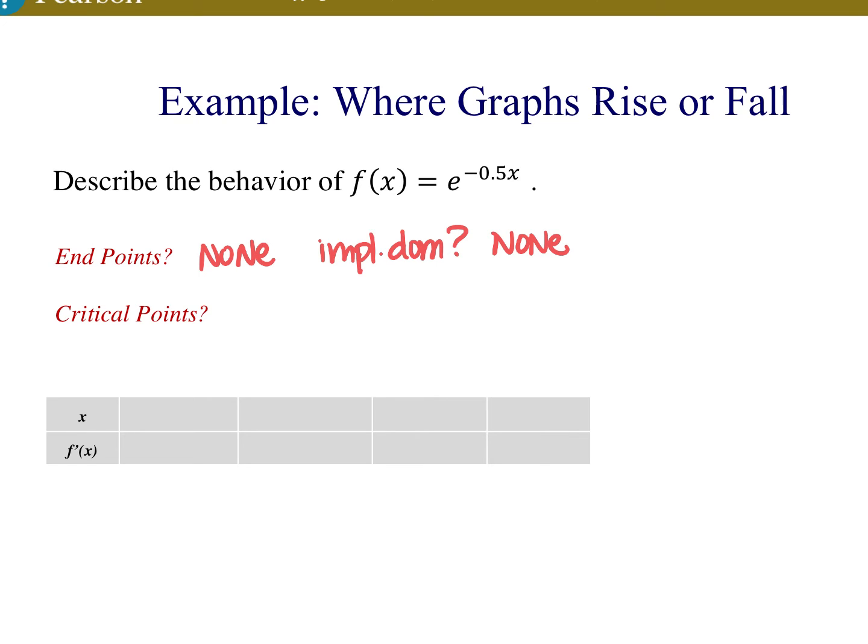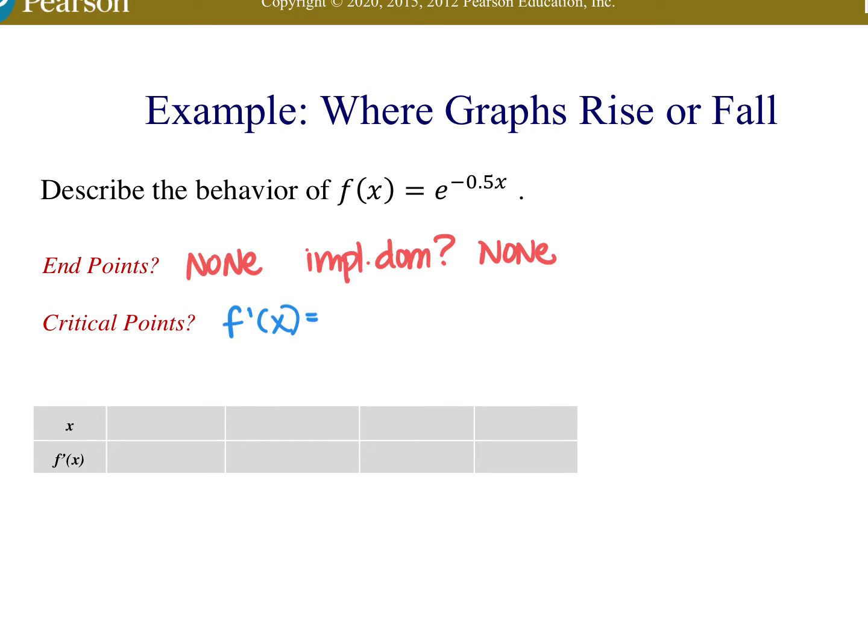So my critical points. I have, once again, done the derivative for us. Okay, the derivative turns out to be negative 1 over 2e to the 0.5x.